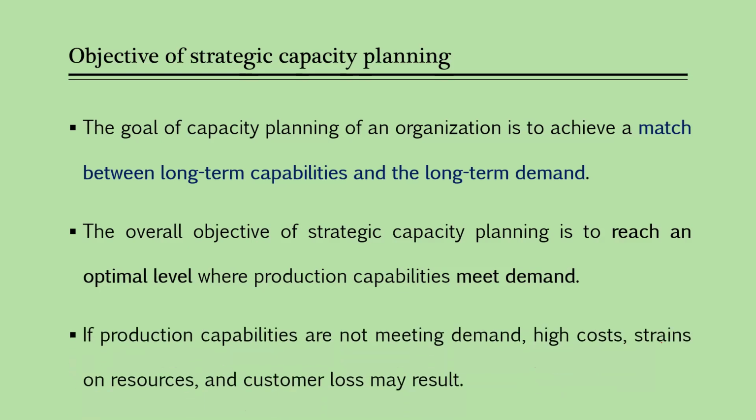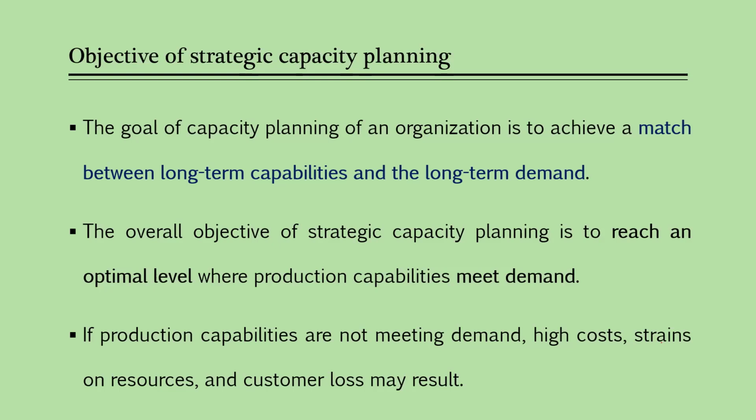If the production capabilities do not meet demand, so if they fail to meet the demand, then high cost may be there. There may be strain on resources. There may be constraints on resources. And they may lose the customers as a result. So if they are not going to meet the demand, then what they have to do?